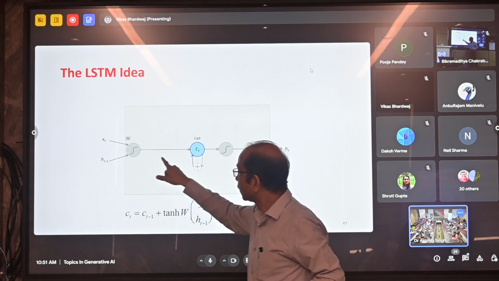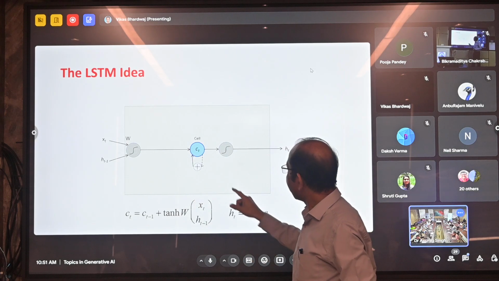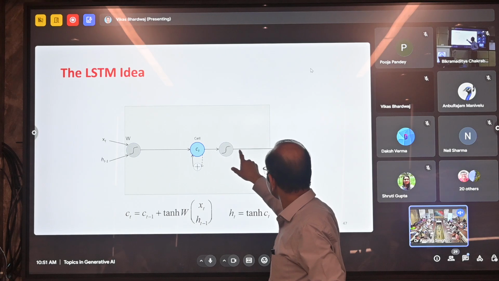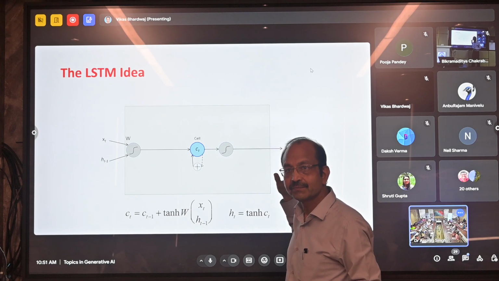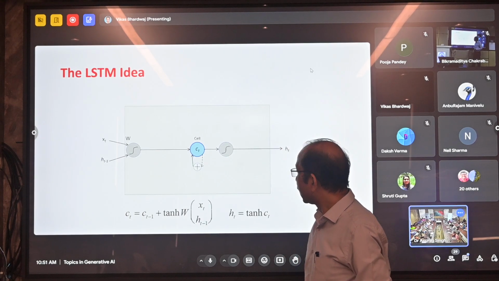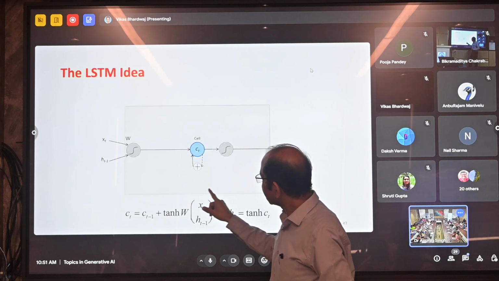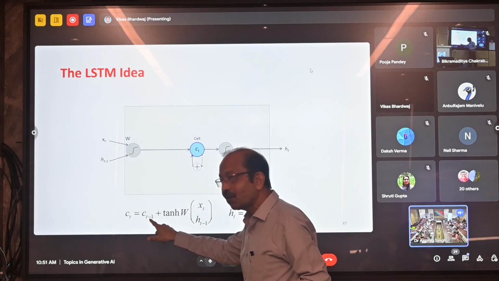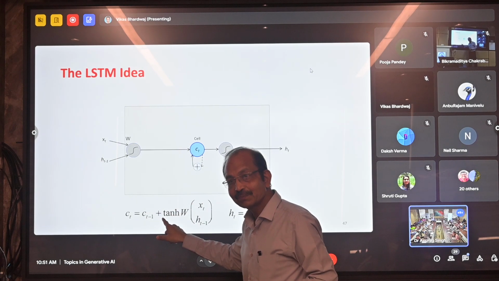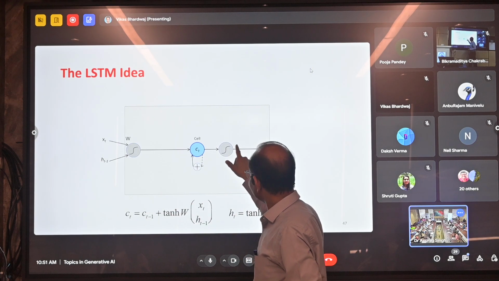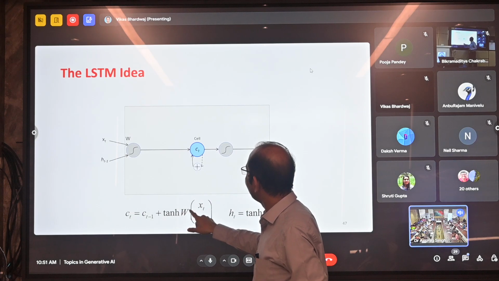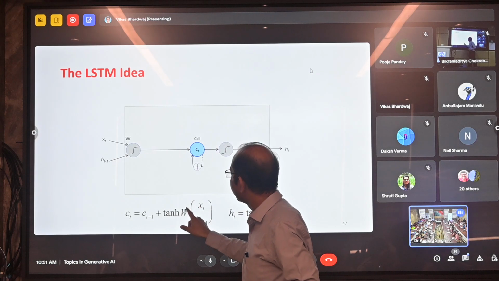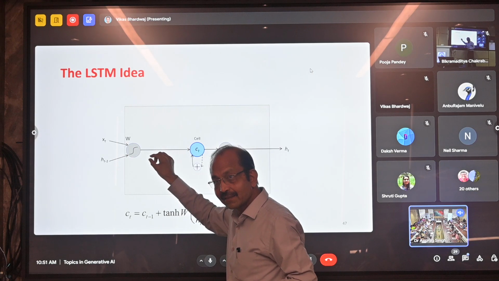This content will go through the activation function, and this will give you my output ht. So what is my ct? My ct is a function of ct minus 1 plus tanh of W applied to xt and st minus 1, which you are going to compute. So this is the net input coming.